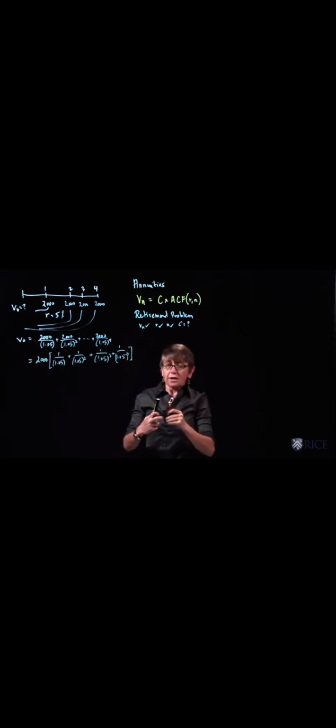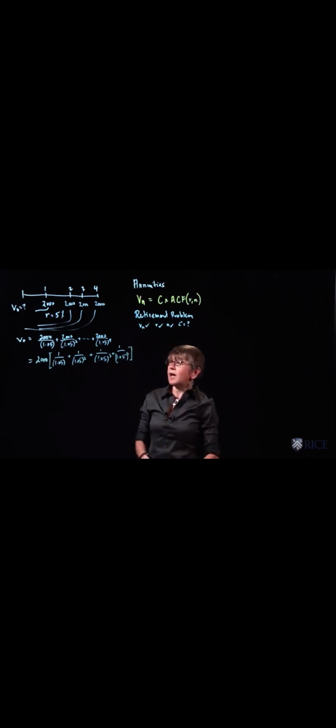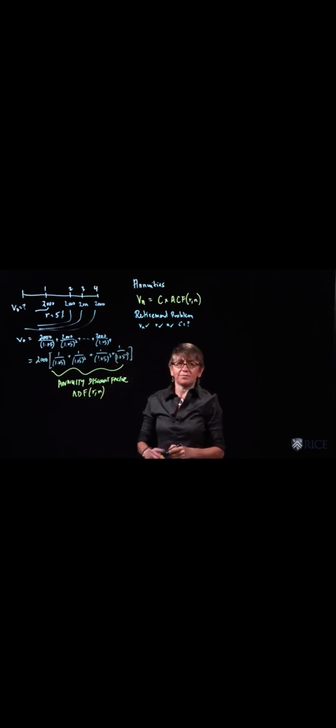This thing in the brackets is what we call the annuity discount factor, where the parameters are the interest rate and the number of periods.